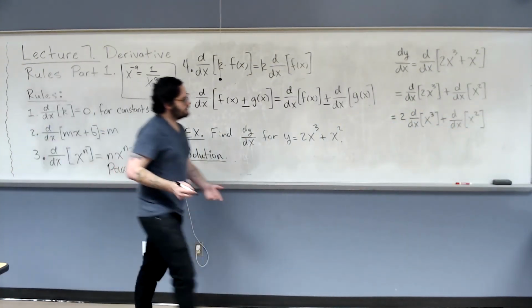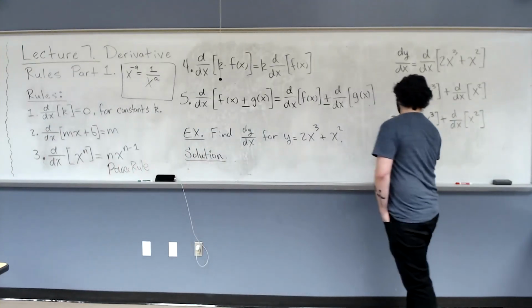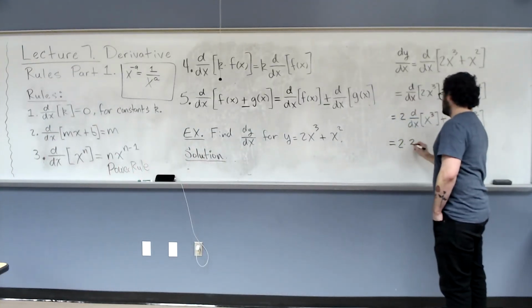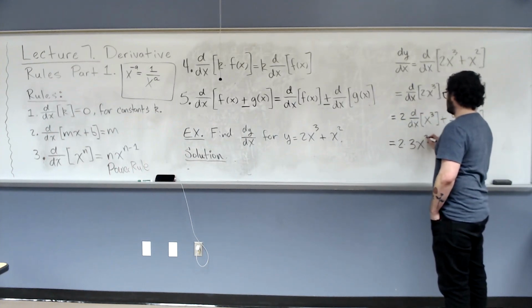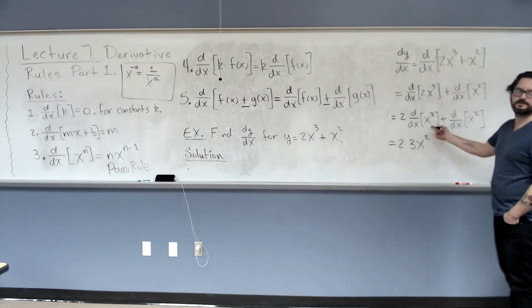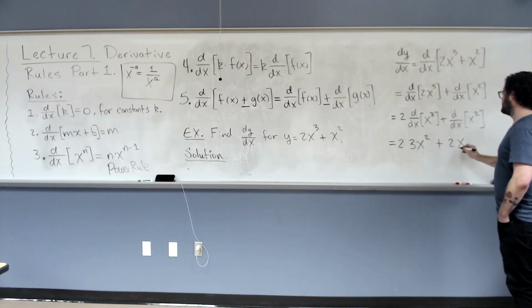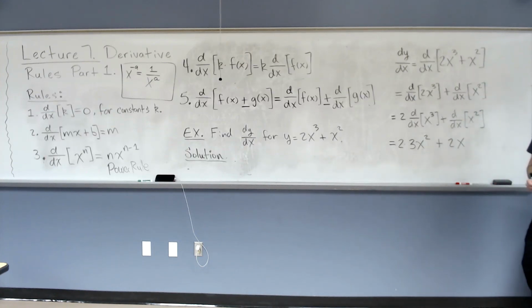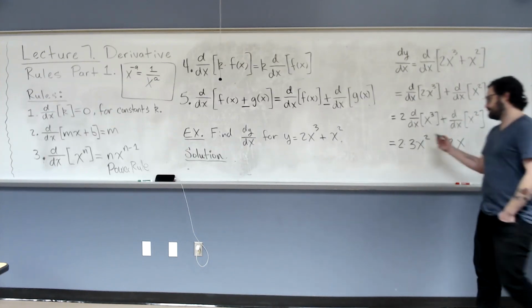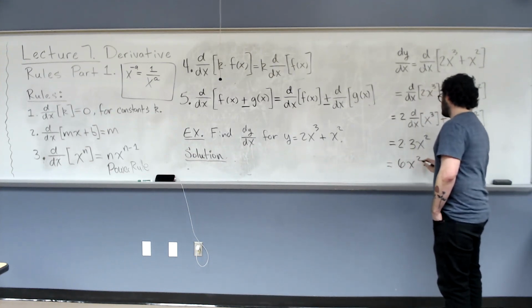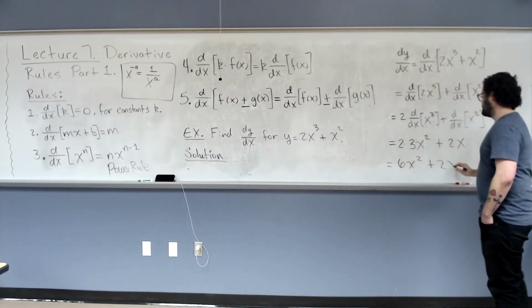So this will be equal to 2 times 3x to the power of 2, that's the power rule there, plus 2 times x. And finally, this simplifies to 6x squared plus 2x.